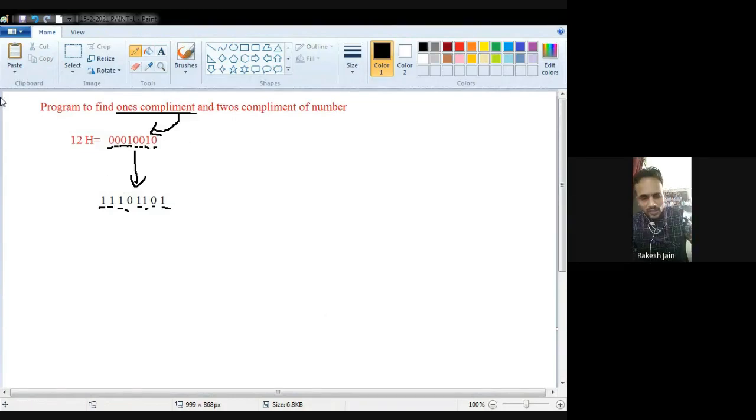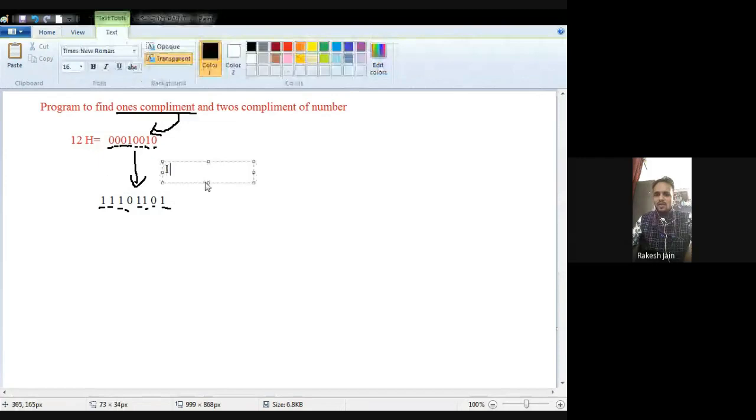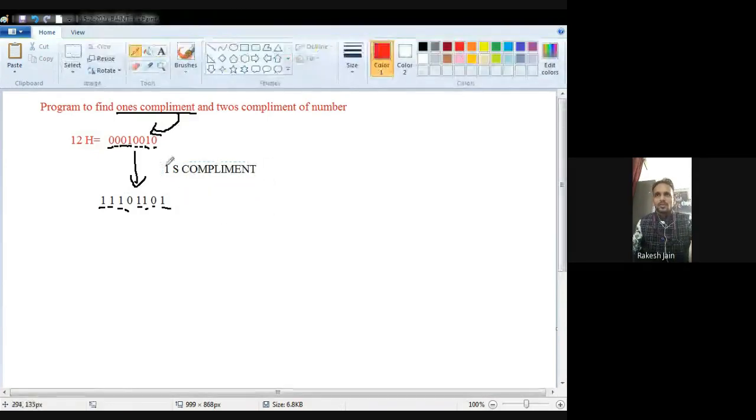So each 1 is converted into a 0 and each 0 is converted into a 1. This is known as the ones complement of a number.